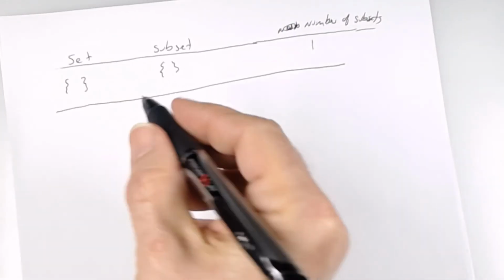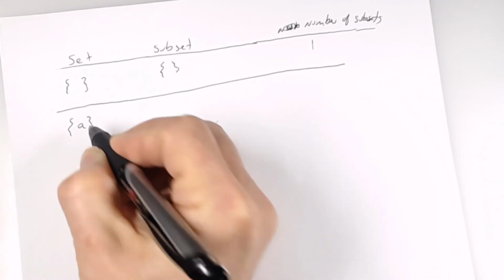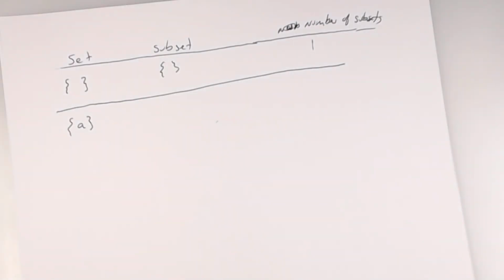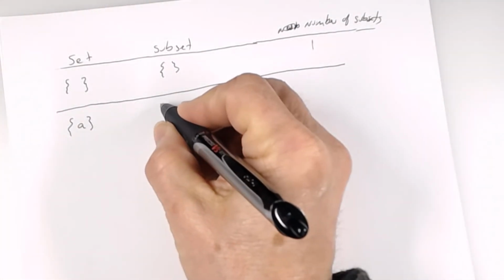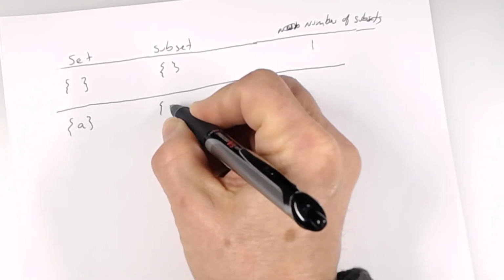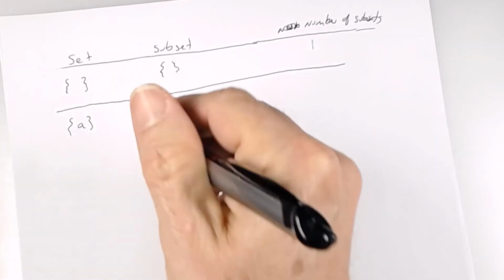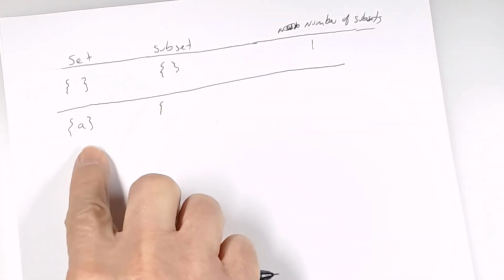The next one. Let's say we had this one. I just wrote a set that has how many elements? 1. Based on that, tell me what the subsets are. The set itself and the empty set. Every set with just one element will have 2 subsets.